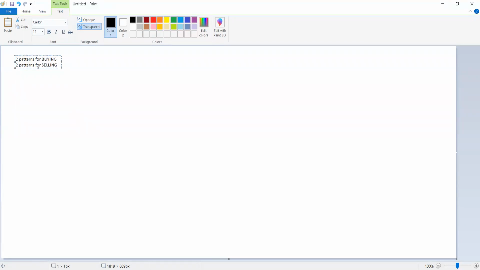Lower time frame. Higher time frame's job is over now. We'll come back to higher time frame later. For now, trend and momentum analysis on higher time frame is over. Whatever we are discussing today is completely on the lower time frame. So two patterns for buying and two patterns for selling.